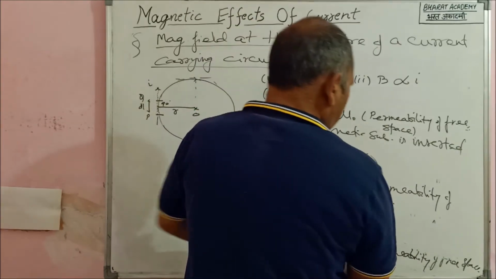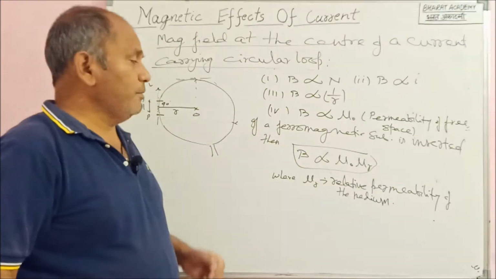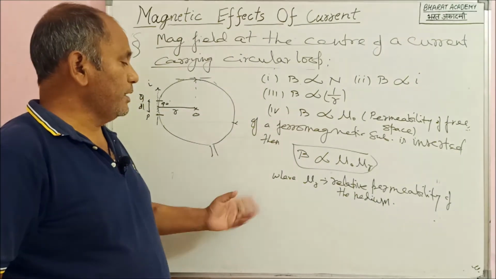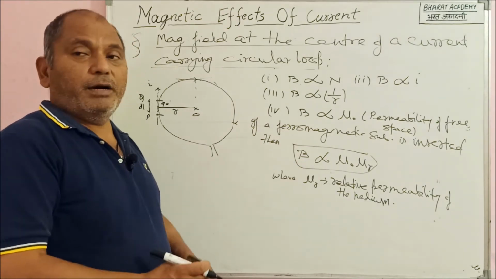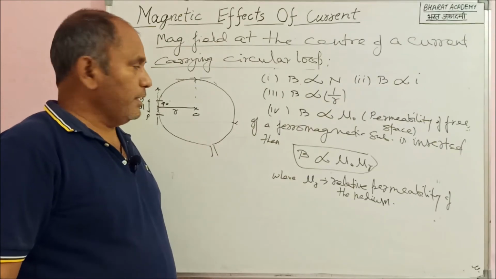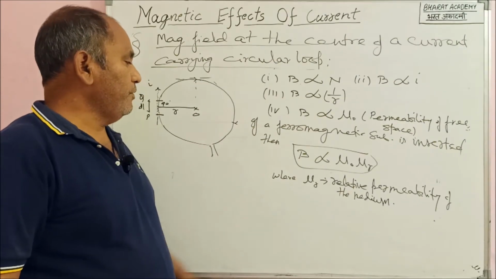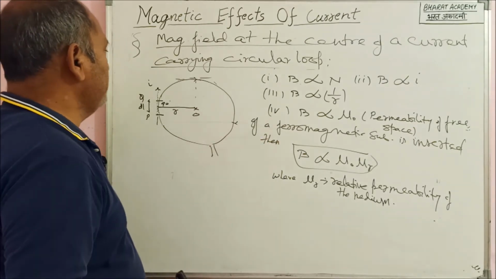Right? It means the magnetic field will increase by mu r times. We have a complete topic on permeability and relative permeability, so we will take it later on. But here the factor is that the magnetic field will increase by mu r times. If you insert an iron rod or cobalt rod, the magnetic field will increase. This is the new pattern now, right?